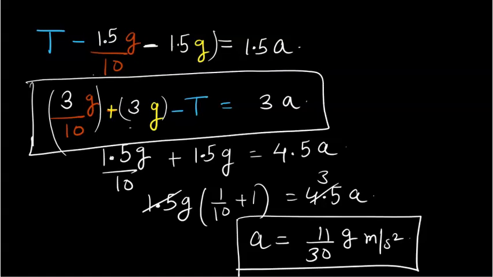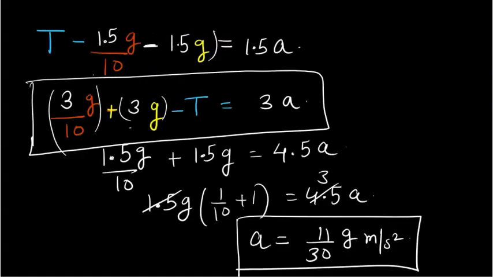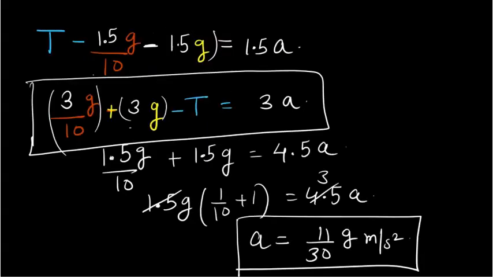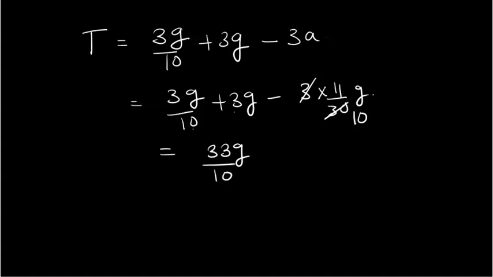So T will be equal to 3g by 10 plus 3g minus 3a. 3a will be 3 into 11 by 30 into g, so 3 into 10 is 30, I will get 11 by 10 here. 30 plus 3 is 33, so 33g by 10 minus 11g by 10 is what I get.